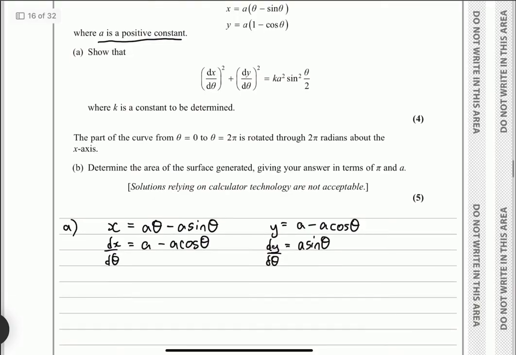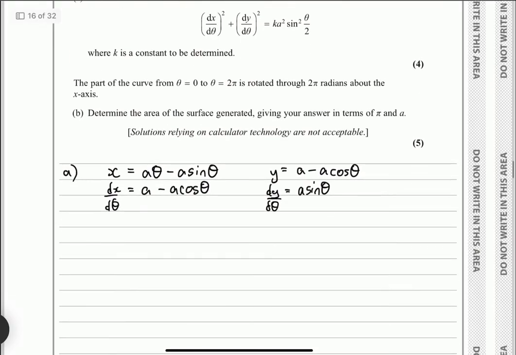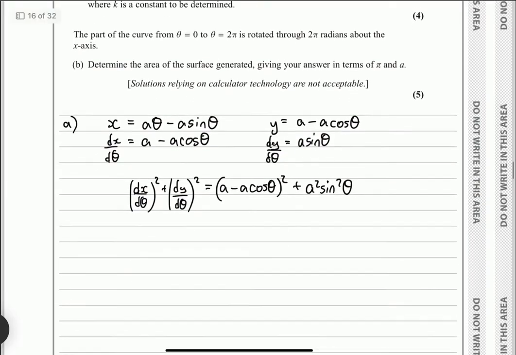Now we square them both, add them together, and probably do some manipulation because there's a theta over 2 there, and we've got thetas. So dx by d theta squared plus dy by d theta squared is equal to a minus a cos theta squared plus a squared sine squared theta.